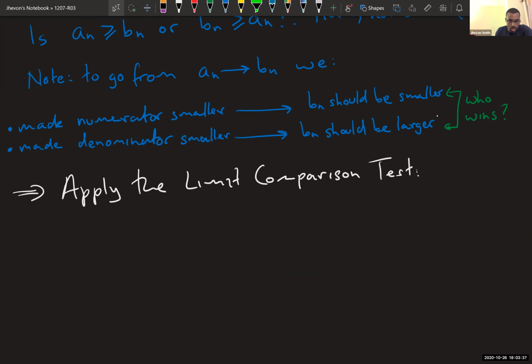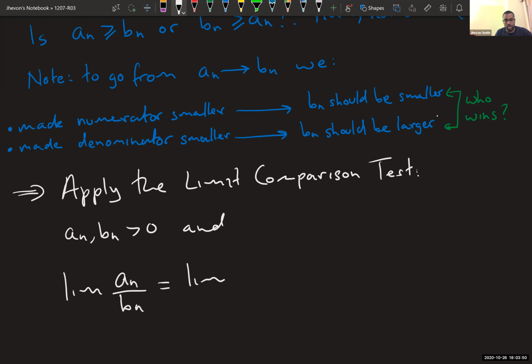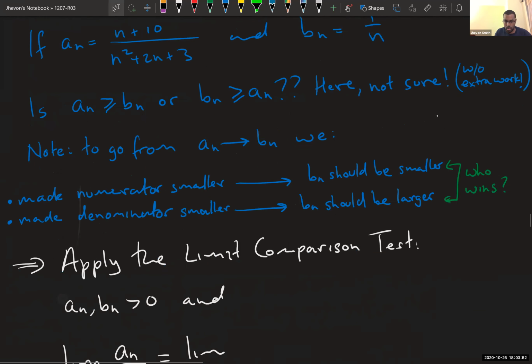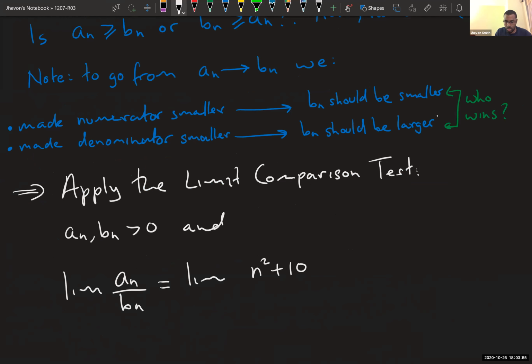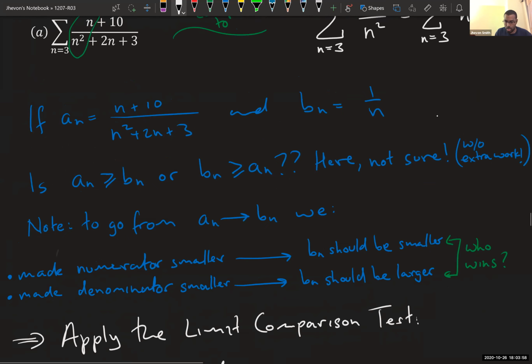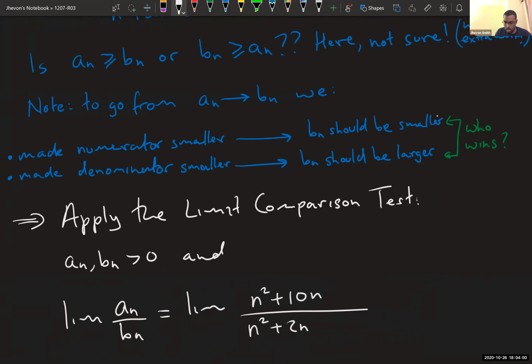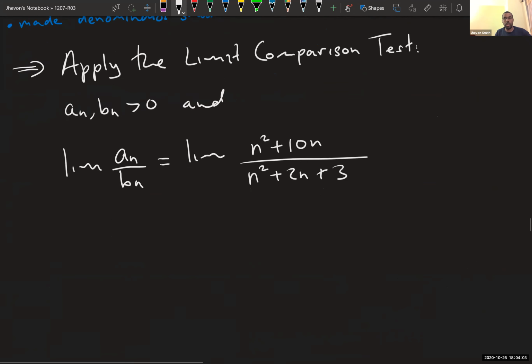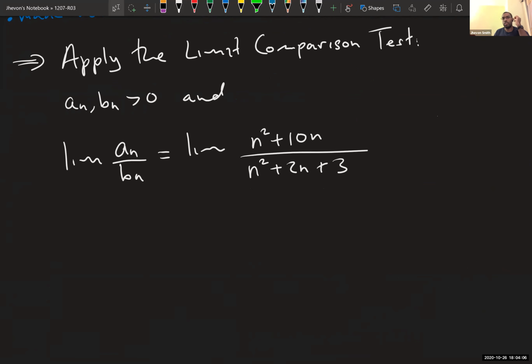So notice that an, bn are positive, and if I take the limit of an over bn, it's going to be that limit. And what is that limit? 1, which is greater than 0.